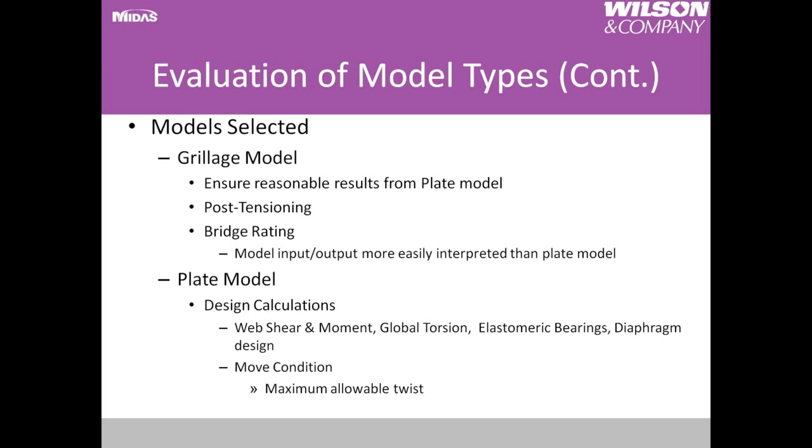I used the Grillage model to get information about the post-tensioning, so that was looking at losses and also deflections. And also the bridge rating was performed using the Grillage model. Main reason for that is that the model input and output were far more easily interpreted than the plate model. And I felt that was a worthwhile goal when considering the bridge rating.